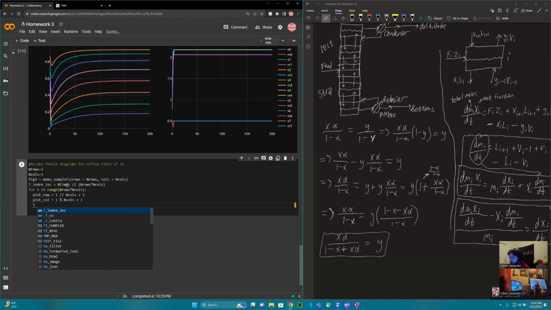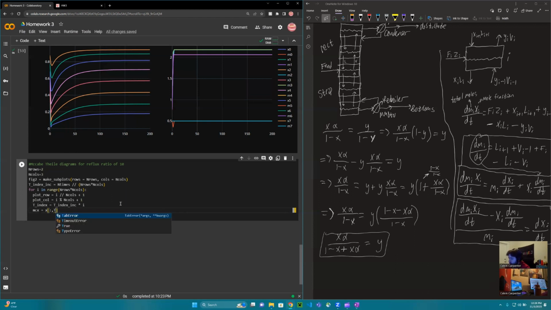T_index, the index inc times I. X equals X, colon, comma, T_index.